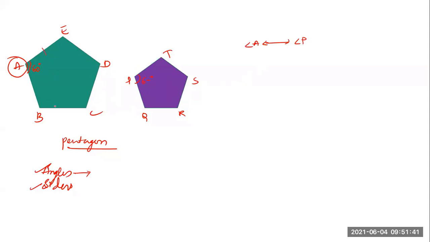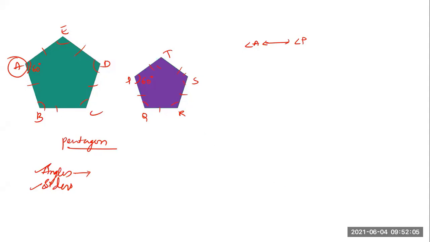A regular pentagon means the sides and angles will be equal in one polygon. So all the angles are 60 here, and if one angle is 60, then the remaining are also 60 because it is a regular pentagon, correct?